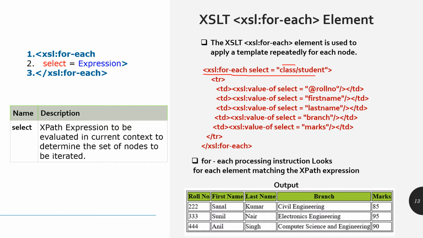So one by one it should start, that is the meaning here. For each and every one from the class, student 1, student 2, student 3, like that it should start. That way it will display all records as we have seen earlier. This is about for-each.